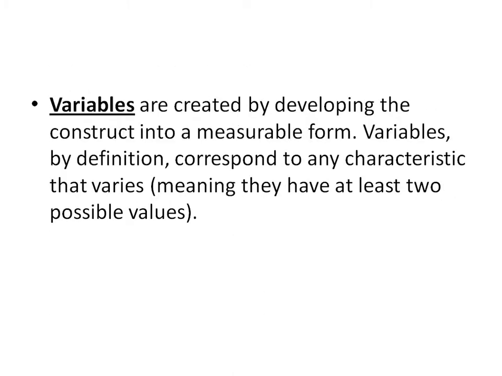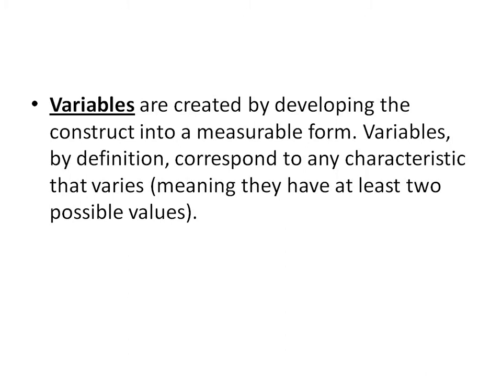What are variables? Variables are created by developing the construct into a measurable form. Variables by definition correspond to any characteristic that varies, meaning they have at least two possible values.